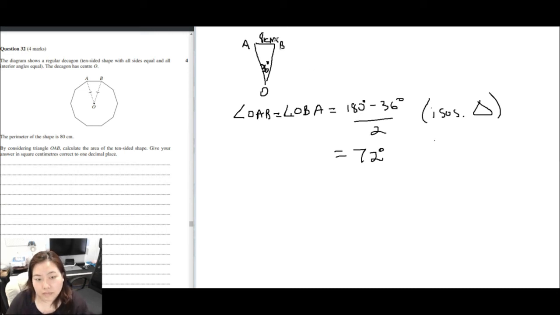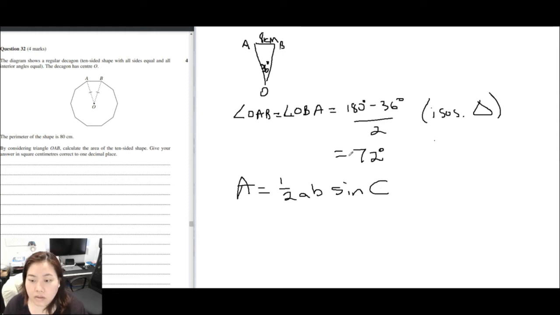Okay, the area of a triangle. Area is half AB sine C. I need two sides. How do I get two sides? I have to use the sine rule first. Can't do this yet. I'll use the sine rule.